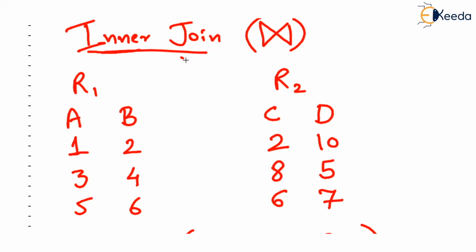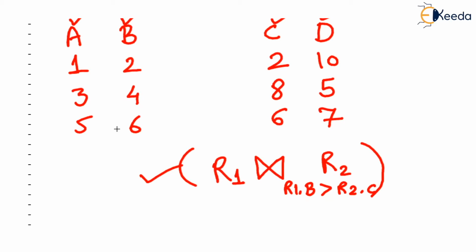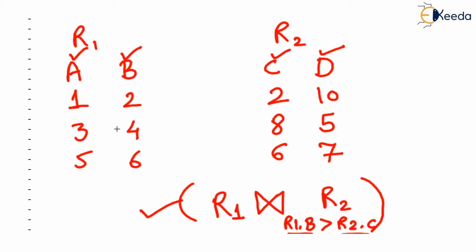We already know what join is. Suppose we have two tables R1 and R2 as shown, with two columns A and B in R1 and two columns C and D in R2, and some arbitrary rows. Now consider this join operation: R1 is joined with R2 with the condition that R1.B should be greater than R2.C. First R1 and R2 will be joined using cross product, but we don't care about showing the cross product.